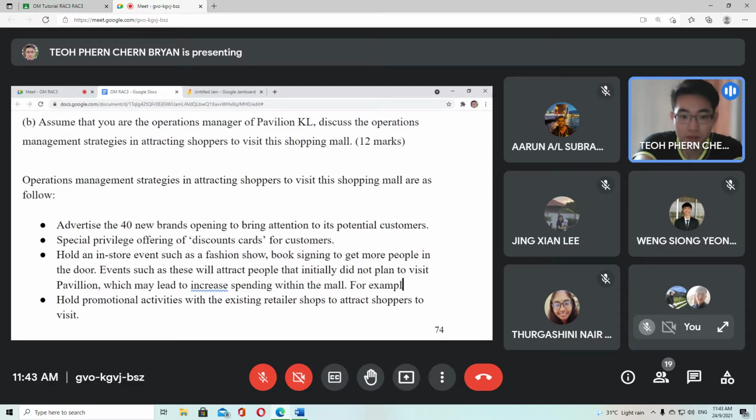For example, audience or participants of the events may stay back for shopping or to have a meal.